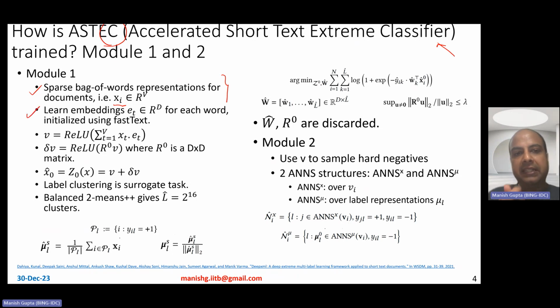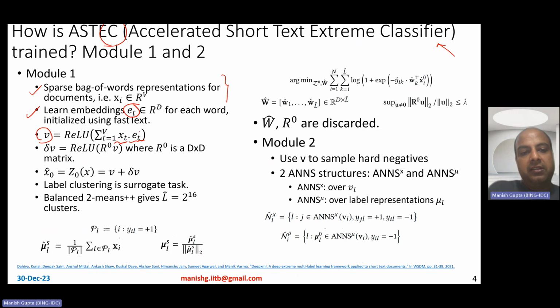And the way you learn a single embedding out of it is basically you take these xt, which are frequencies of words or TF-IDF, and you multiply by et, which is the learnable embedding vector. OK, so you have an et per vocabulary word. So for every vocabulary token, you have an et, and then you essentially compute a vector v as a sum over all of those vocabulary words which are present in your current document, in your current instance.